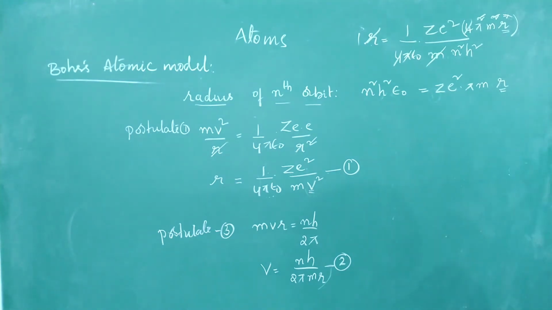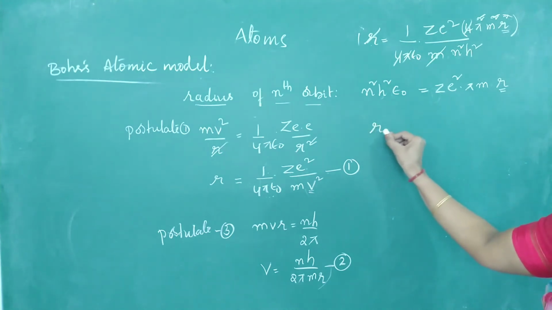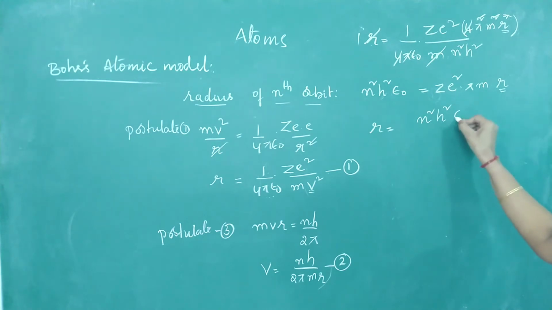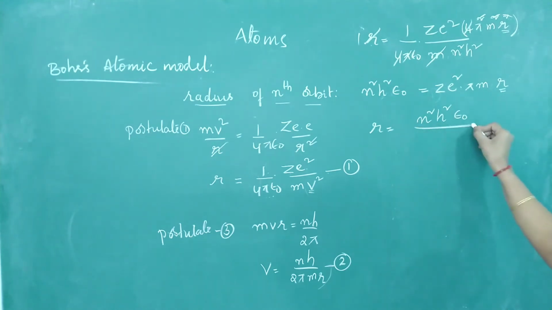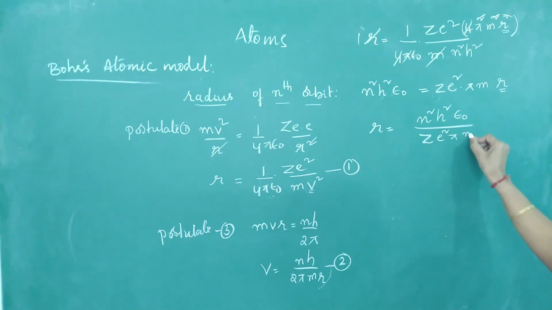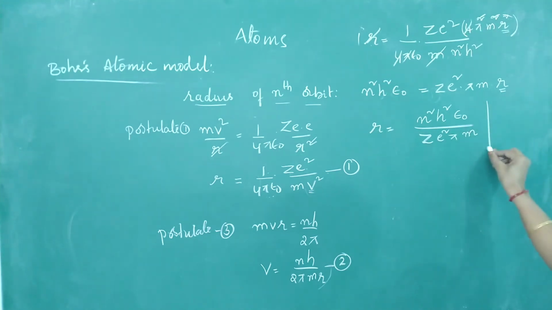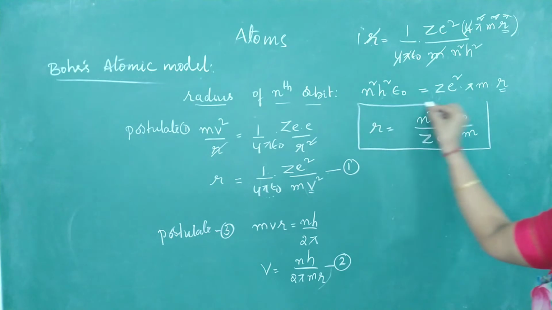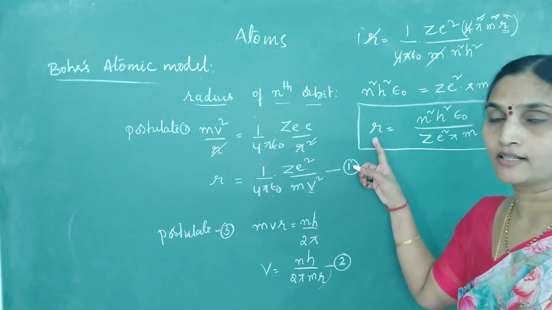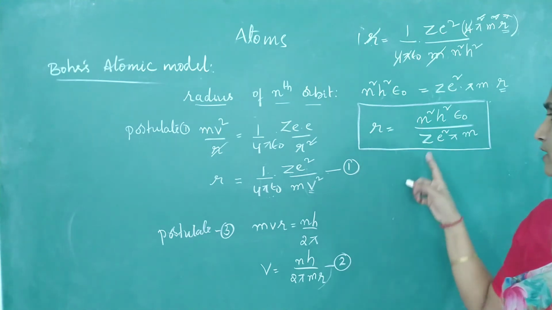Since we need to find out the radius of nth orbit, tell me what will r be equal to? n square, h square into epsilon naught divided by Ze square pi into m. So this relation gives me the radius of nth orbit, for Z equal to 1.